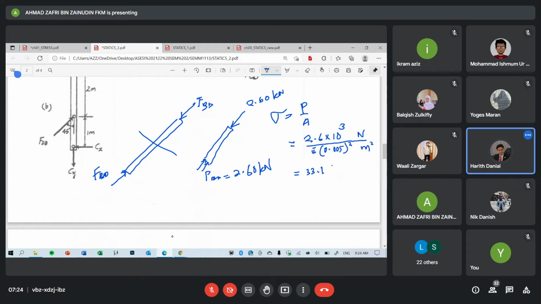It's quite big. Yeah, of course, for metal, yes. 33,104,228.16 Newton per meter square.